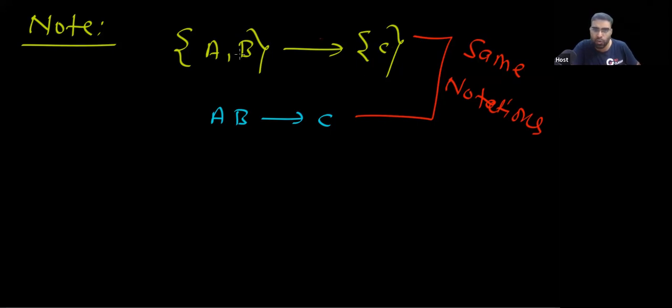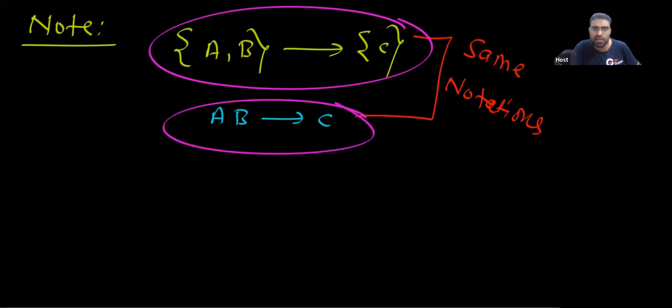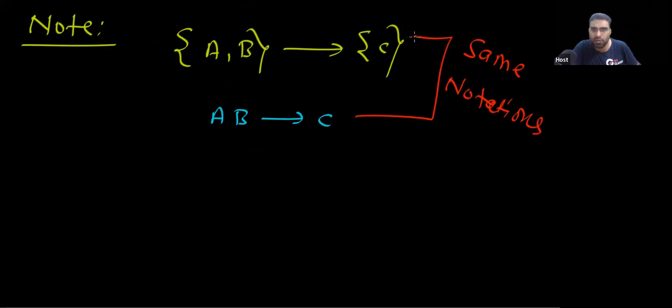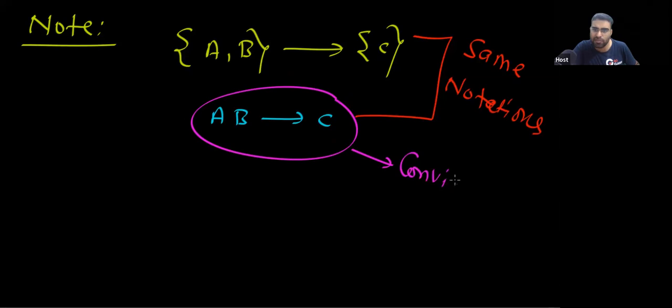Both are correct, but this is formal and this is convenient. We do not want to write this again and again, so for simplicity we write it like this. This is a convenient and simple notation.